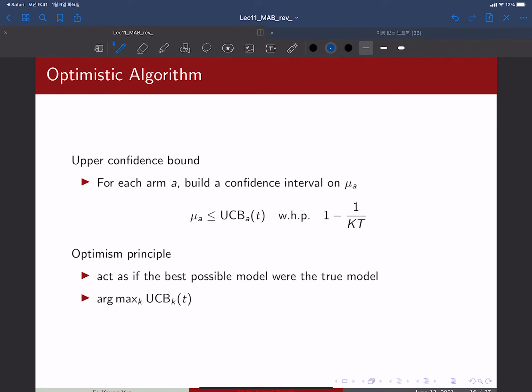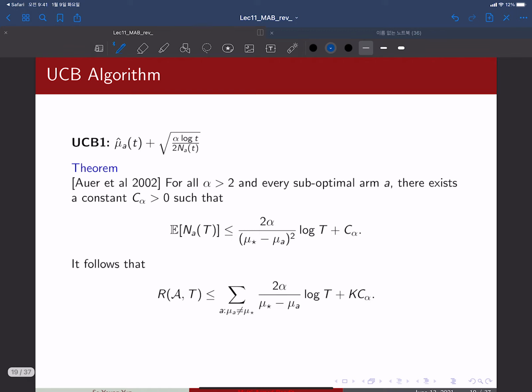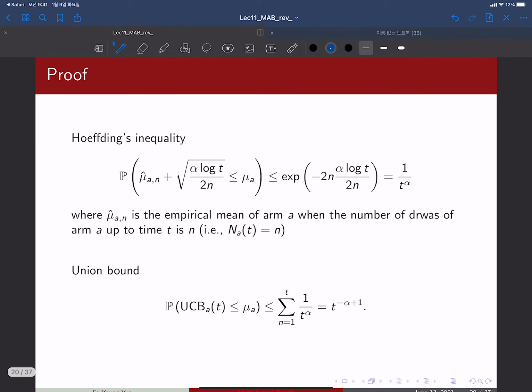Okay, the optimistic algorithm is a little bit more tricky. The proof of the UCB algorithm is more tricky. This is because in the UCB analysis, when n is independent of the mu hat value, so every observation is independent and the number of plays of one specific arm is totally independent of the mu hat, then we can easily apply Hoeffding's inequality.